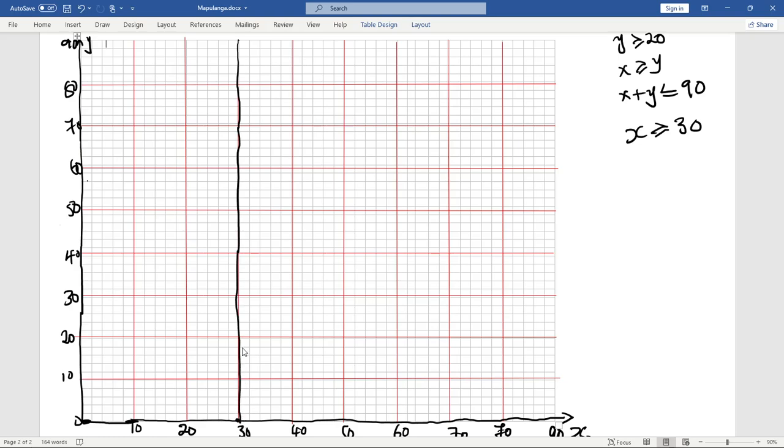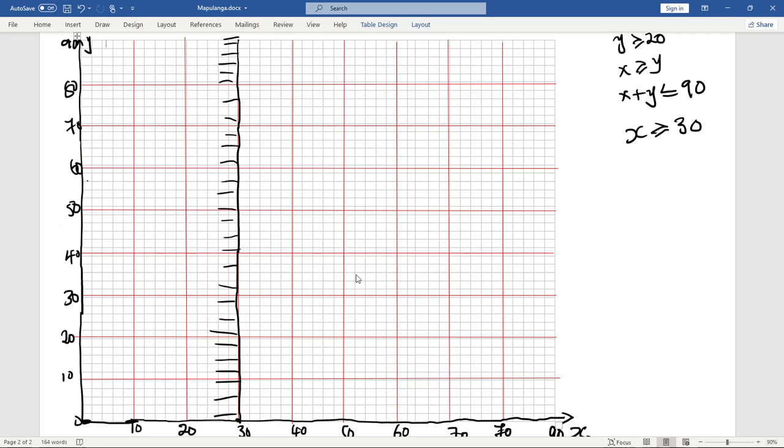Numbers that are greater than 30, we find them on the right hand side, so we shade this side here.